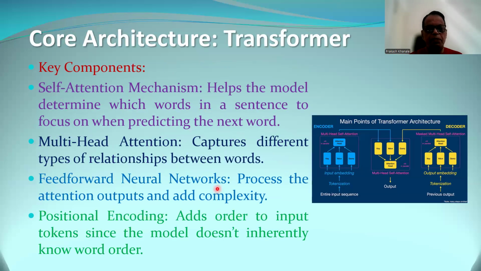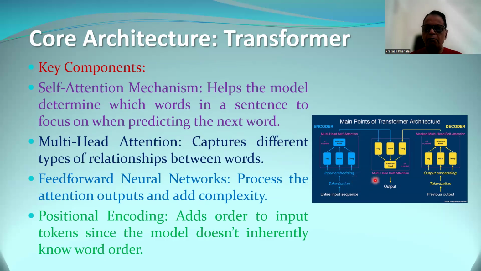When you want to understand the core architecture of ChatGPT, probably this diagram will explain what kind of architecture ChatGPT holds. It has an input sequence, which is tokenized, and then given to the encoder.